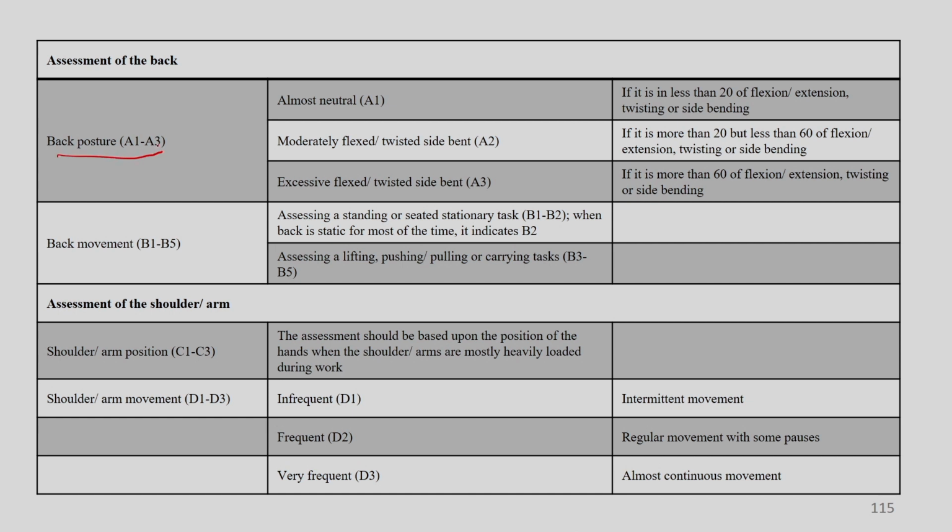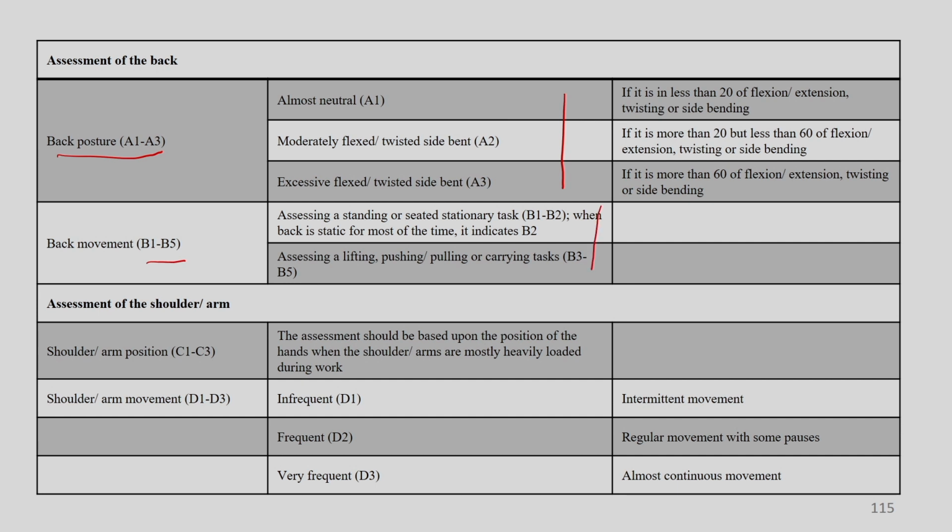So this is the detail of your assessment. There is some kind of numbering. For back posture you will get the answer from A1, A2 and A3, and this is the description of A1, A2, A3. For back movement, B1 to B5, and here you get the description of it.